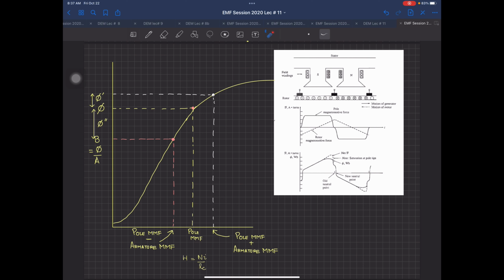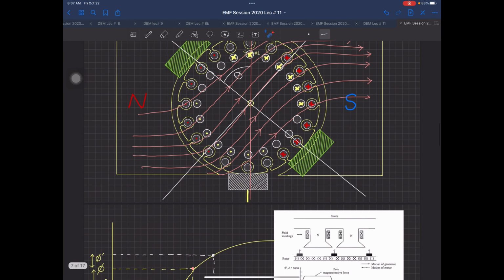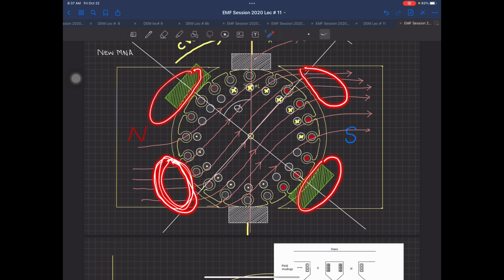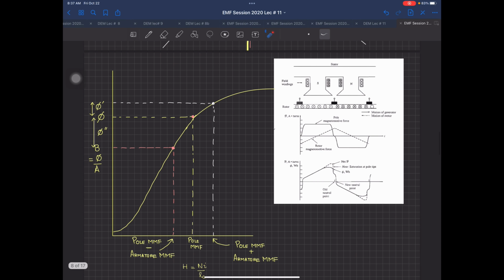Now what is happening? Since your flux lines are more concentrated in this area and in this area, there is going to be an increase in MMF. This one is going to have a decrease in MMF, and similarly this one is going to have a decrease in MMF. The increase in MMF would be equal to pole MMF plus armature MMF, because the armature is producing that MMF.